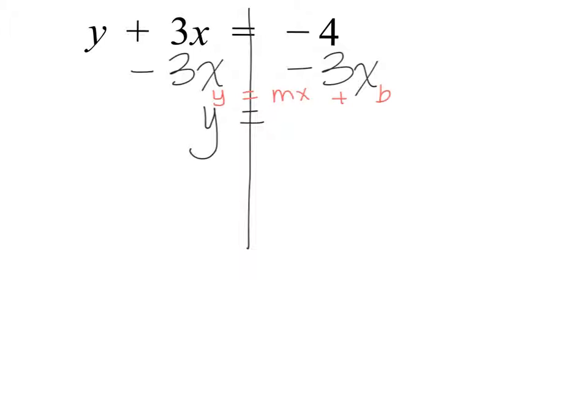So y equals negative 3x, and then negative 4 is your b. So m equals negative 3 over 1, and b equals negative 4. Both of those are now in the form y equals mx plus b, so we can go to graph it.